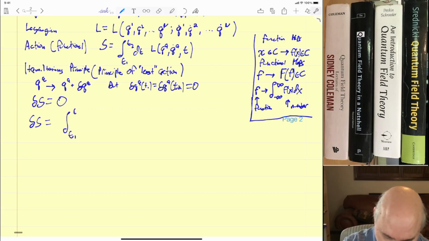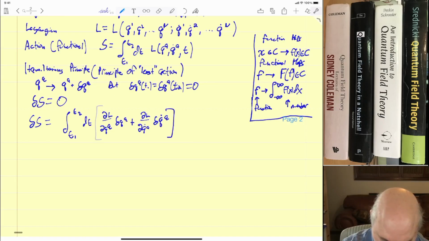So we have del S is the integral from t1 to t2 dt. I'm going to vary, just using normal calculus. Okay, and this is equal to, now we just use the standard integration by parts.